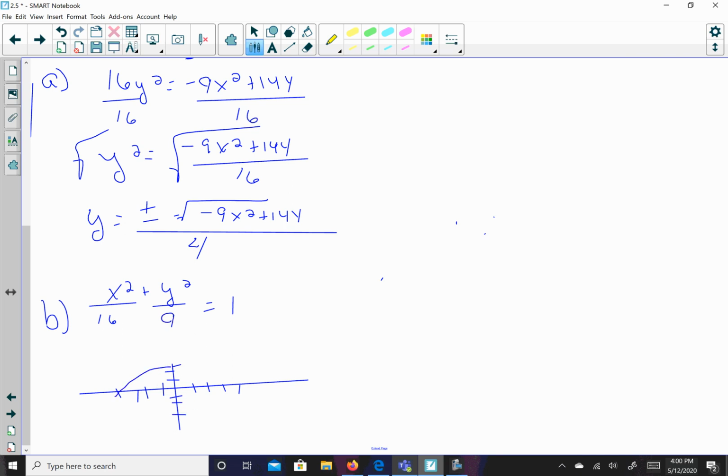If you graph on your calculator the positive, square root of negative 9x squared plus 144 over 4, it's going to give me this top half of the ellipse.